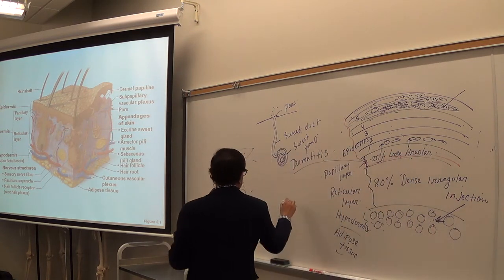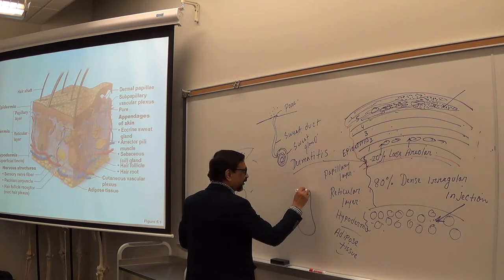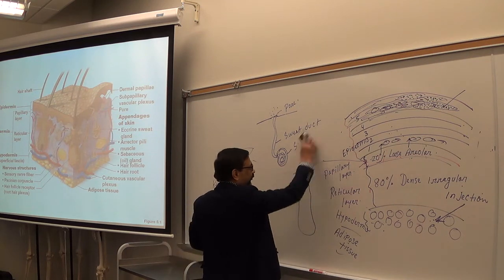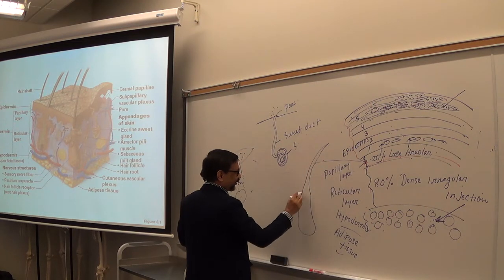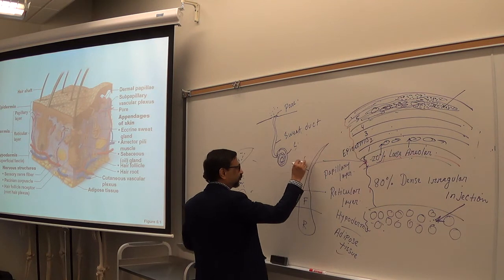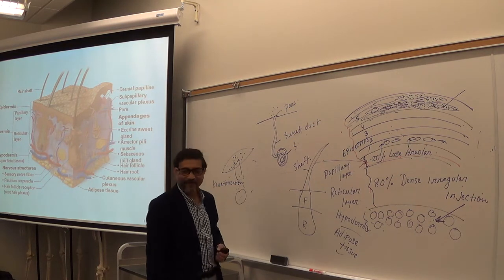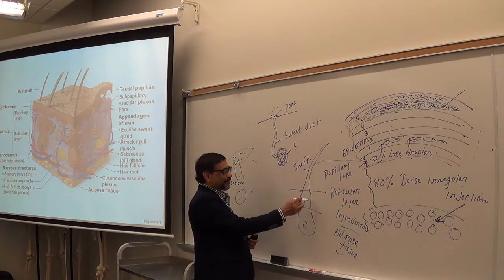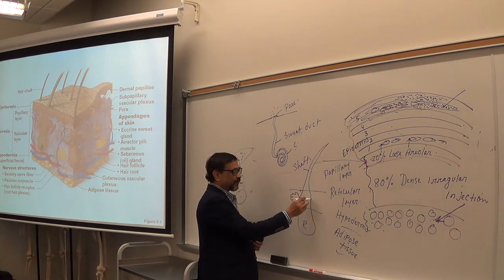The sebaceous gland is attached to the follicles. So you know, here is the root, here the follicle, then the shaft. This is the surface of the skin. This is the follicle. This is the root. Shaft. Cool, right? But anyway, the sebaceous glands grow from the follicles. They grow from the follicles.